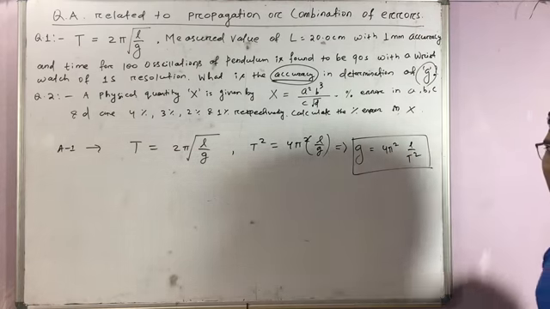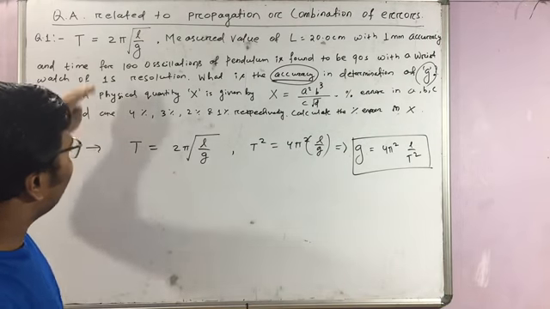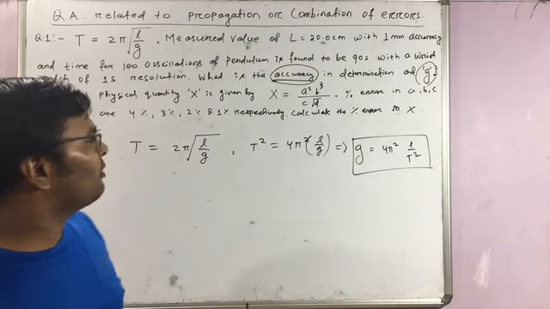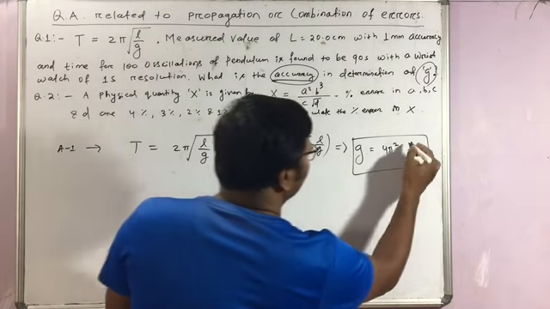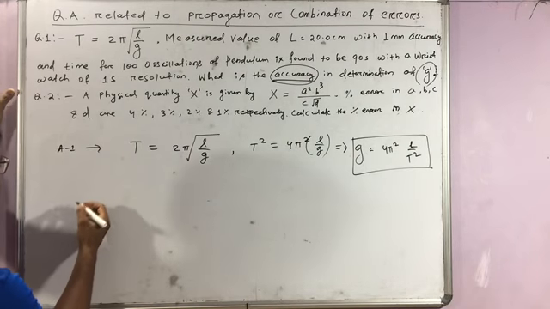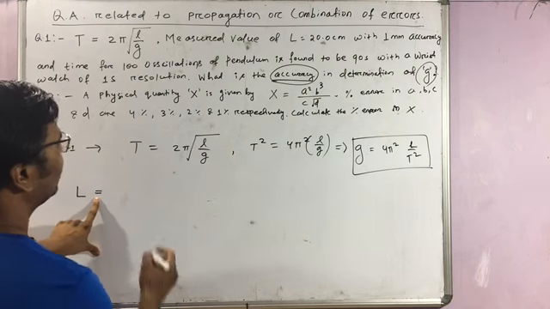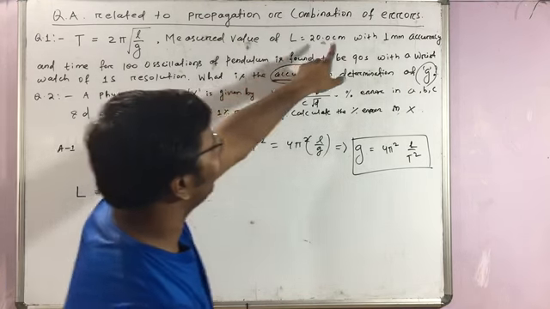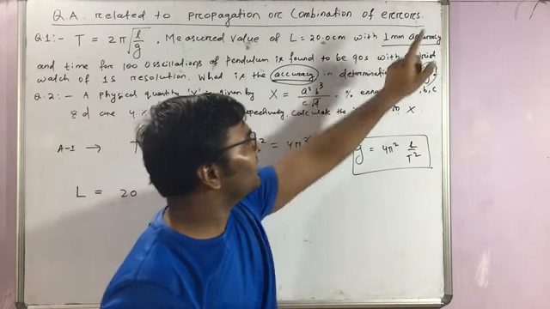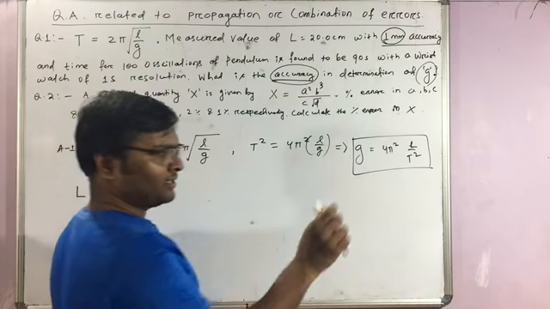So our first step is over. Now identify the values given. The measured value of L is 20 centimeter. See, the value of L will be given as 20 centimeter with 1 millimeter accuracy. Try to understand. Here accuracy means 1 millimeter will be the error part.